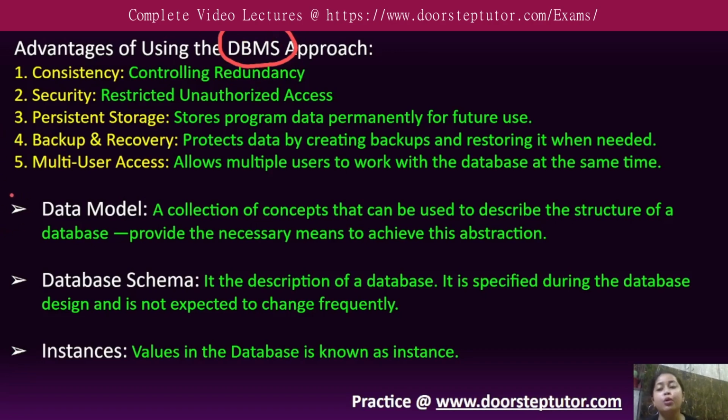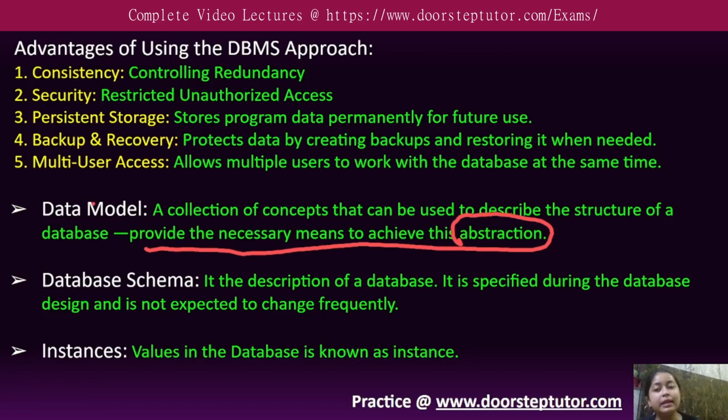So now, what are data models? A data model is a collection of concepts that can be used to describe the structure of the database. It provides the necessary means to achieve abstraction. So what is a data model here?